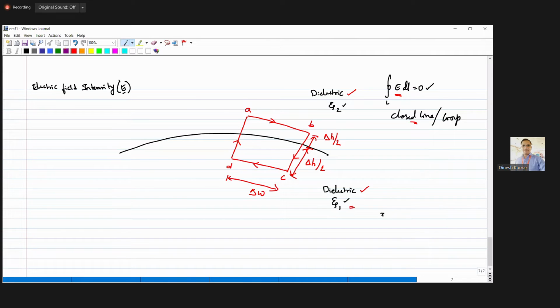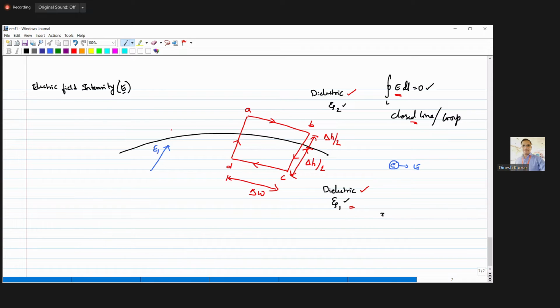E. Now E is nothing but what? For an electron, because of that electron you have a field around it, and it has some intensity E. Let it be one electron coming from dielectric medium 1, so I am writing it as E1.